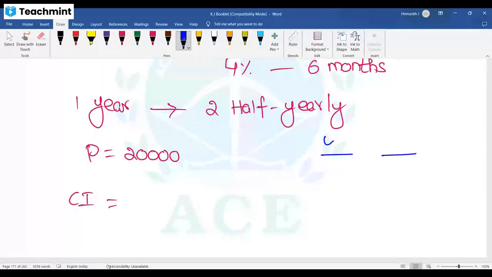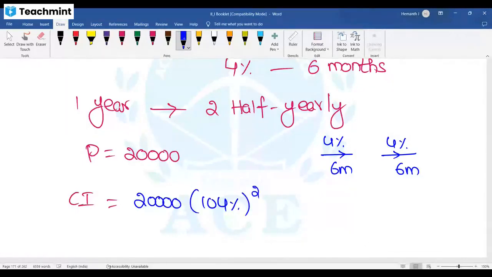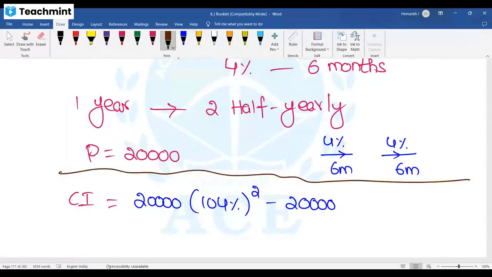Now see, 1 year: first 6 months 4%, next 6 months 4%, so the entire 1 year will be completed. Now compound interest is 20,000 into 104% whole square minus 20,000. This will give the answer in a single step, but this is recommended only when a calculator is allowed.